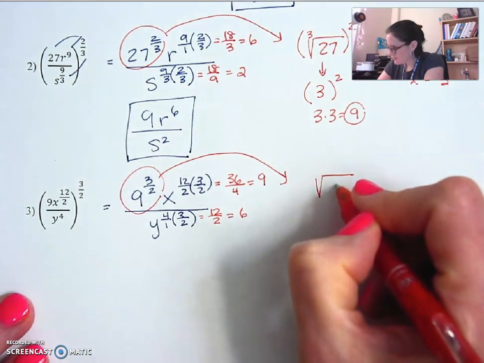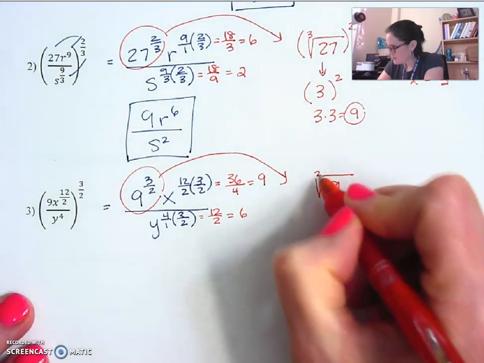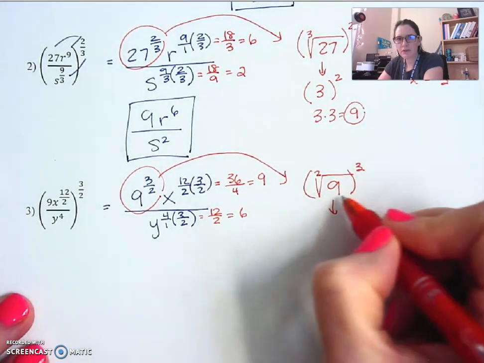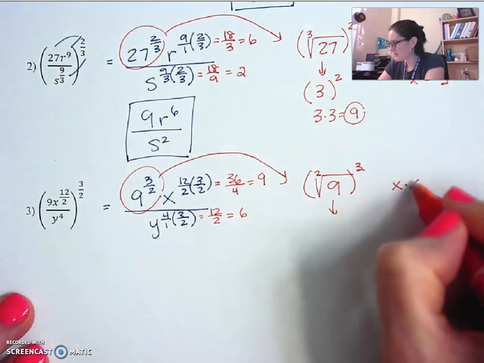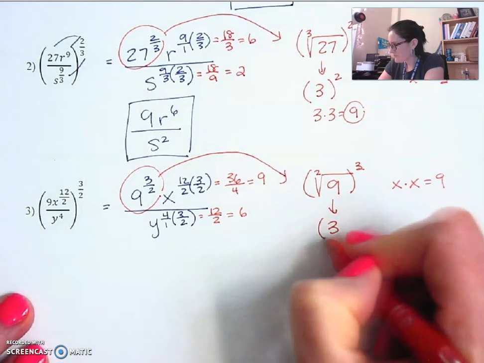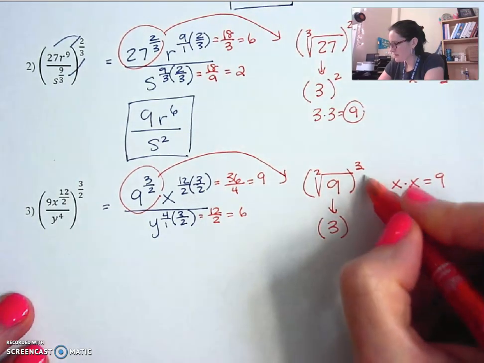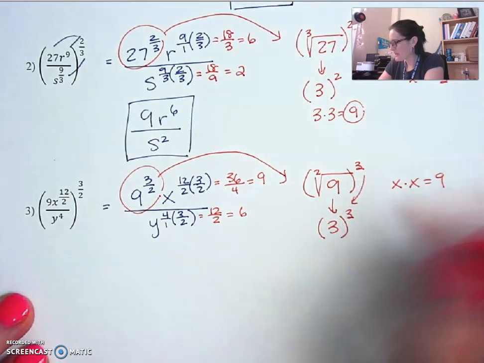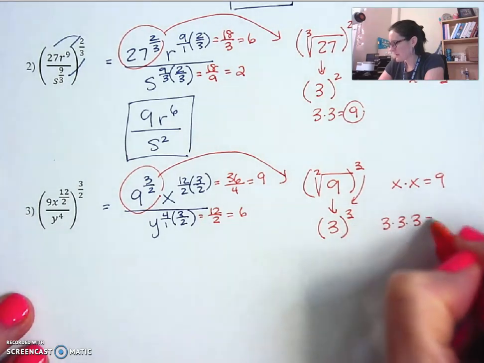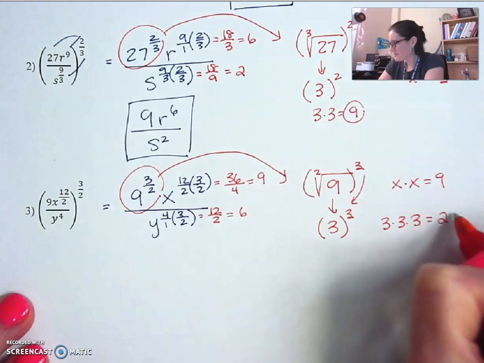Rewrite that with a base of 9, a root of 2, and a power of 3. So square root of 9 means what times itself twice is 9, and that answer is 3. And then I bring my third power down. 3 cubed means 3 3's multiplied, and that is 27.